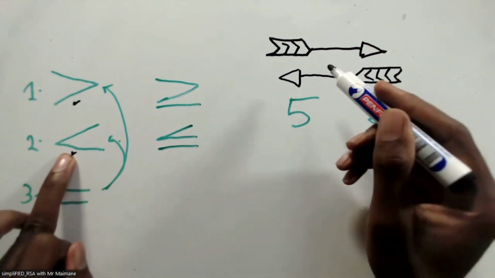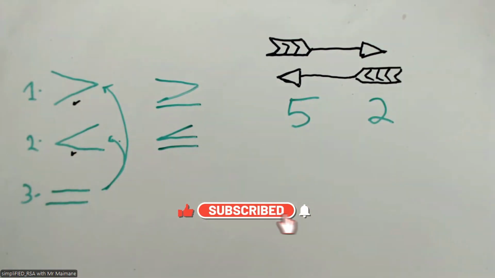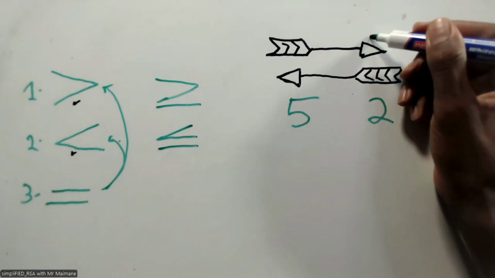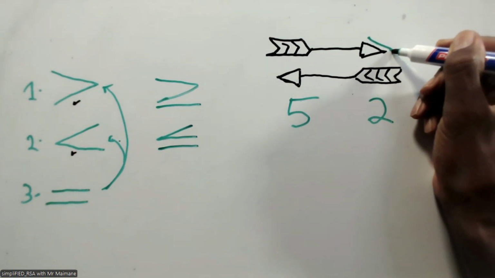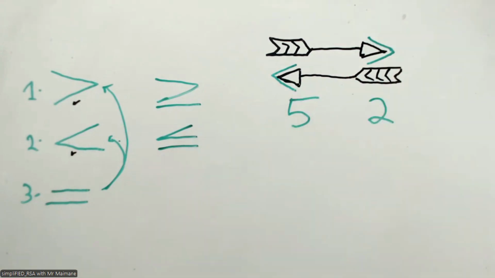Our whole concern is that for greater than, this is the dangerous part, and for less than, this is the dangerous part. So think of them like that.